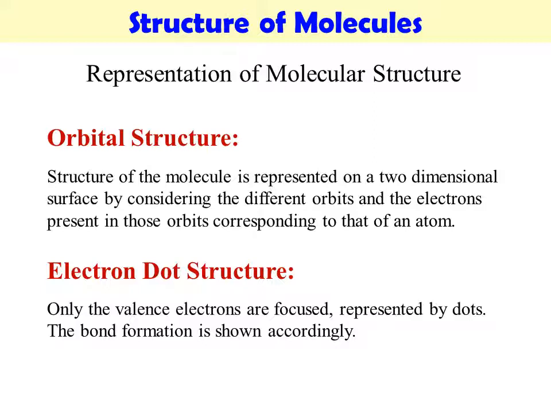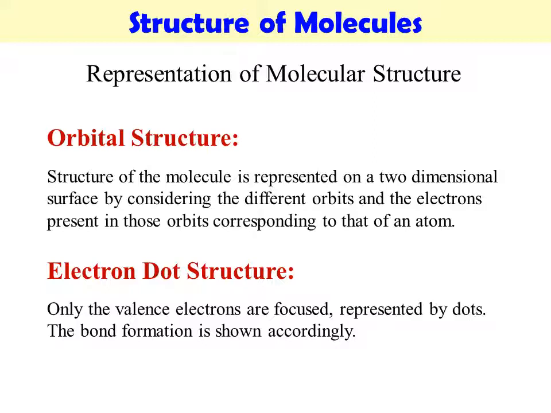The second very important point is Lewis had a concept, and that's what's correct, that since the valence electrons participate in bond formation or a chemical reaction with other atoms, the inner electrons and the central nucleus have no role during a chemical reaction or bond formation.